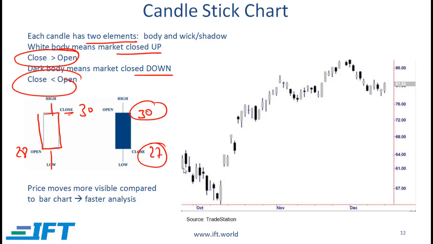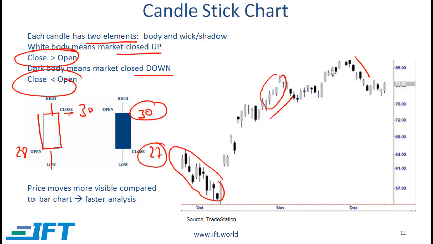For every period you have a particular candlestick. Notice that if you have alternating white, black, this shows high volatility in the stock price. The stock is going up and down. If you see periods of clear, this indicates a uptrend. Dark periods, this clearly shows a downtrend.